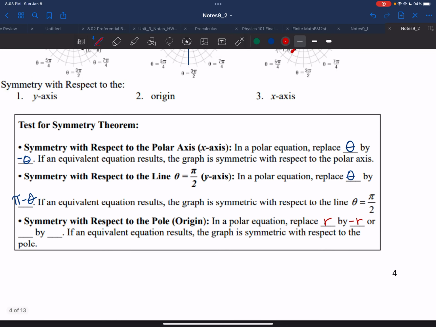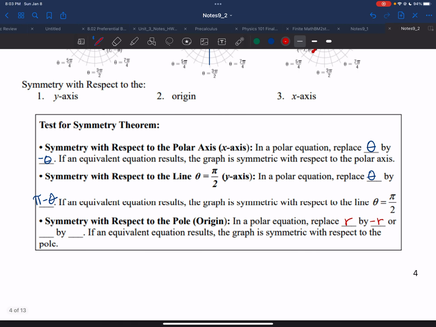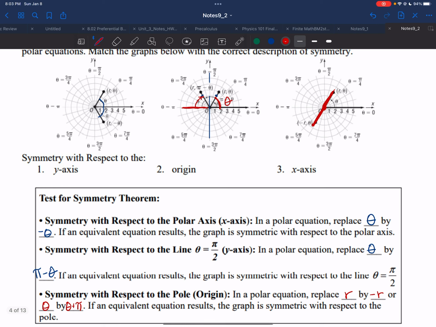Or what you could do is you could replace theta by theta plus pi. So we added pi to our angle, and that was the equivalent of having a negative r. So you can do either one of those, and that will give you symmetry with respect to the pole, which we know is right here at the origin.